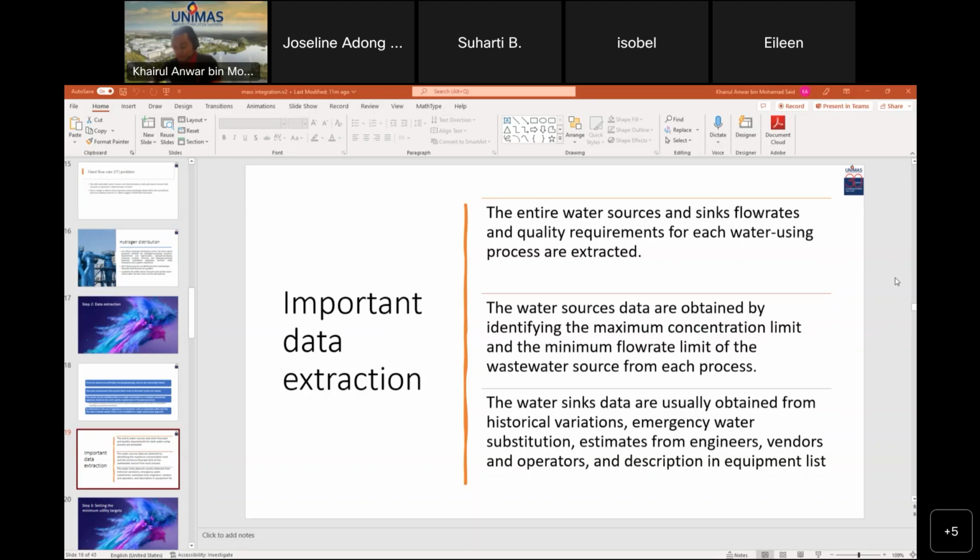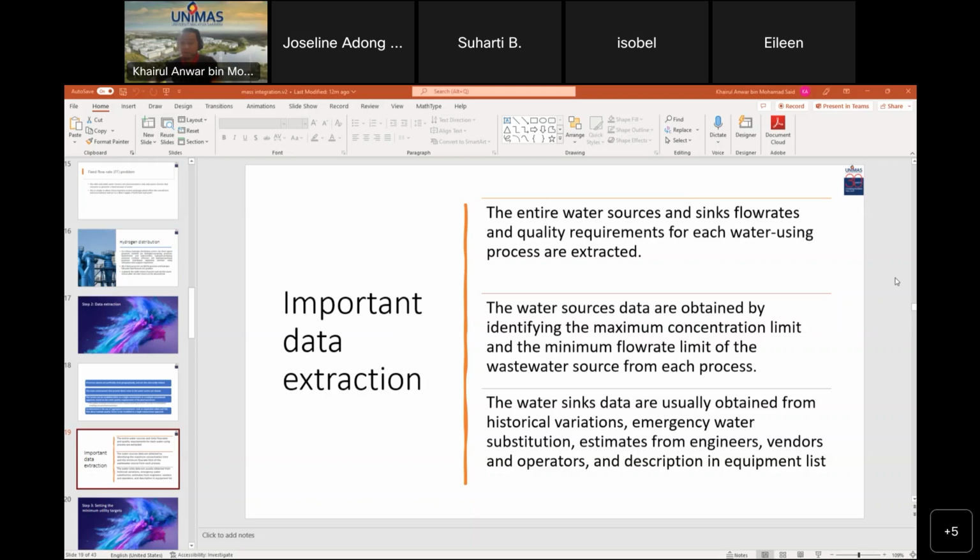The water sink data are usually obtained from historical variation, emergency water substitution, estimates from engineers, vendors, and operators, and description in the equipment list.